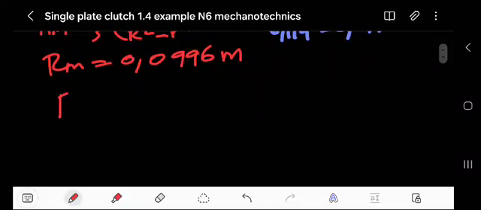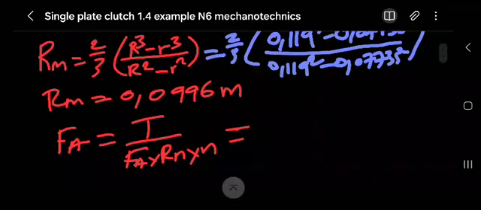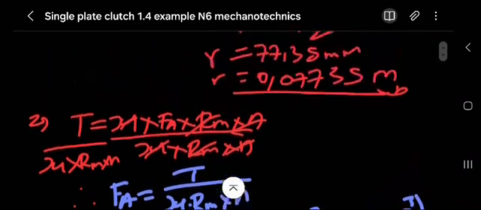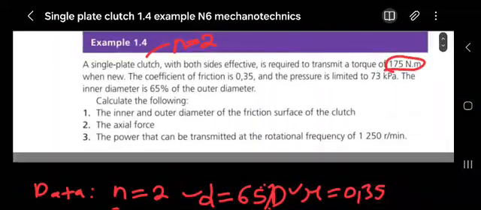Then FA we know is torque over the coefficient multiplied by Rm multiplied by N. So what is torque? Are we given the torque there? Yes, 175.